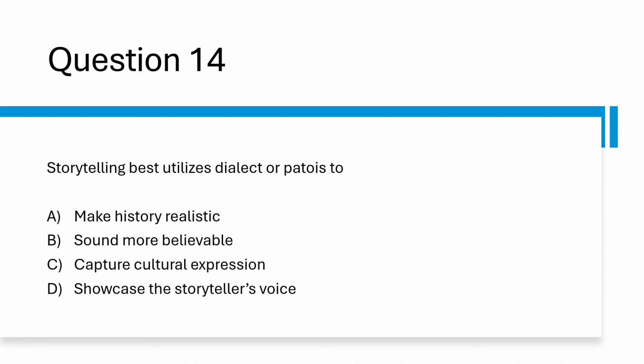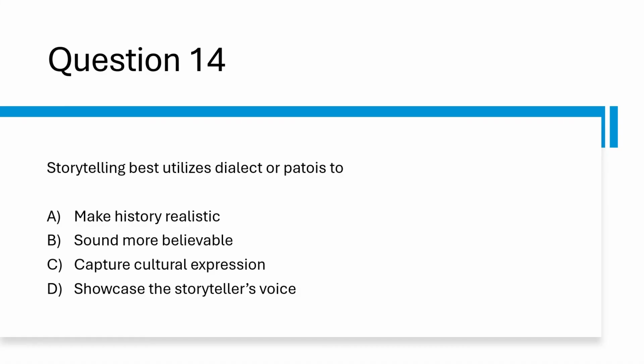So of course, let us do some elimination and critical thinking and break it down. A, to make history realistic. Now you don't have to use patois or dialect to make the history realistic. History is history, and it has been documented over the years by all the historians, so we don't need our dialect for that.